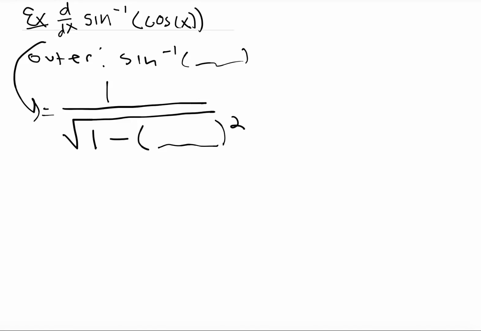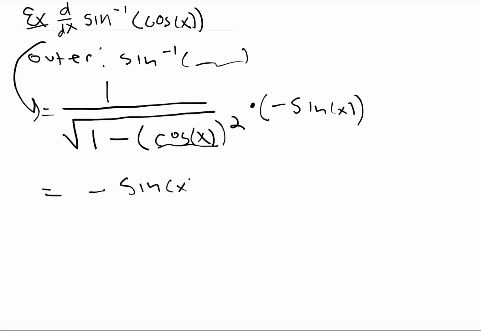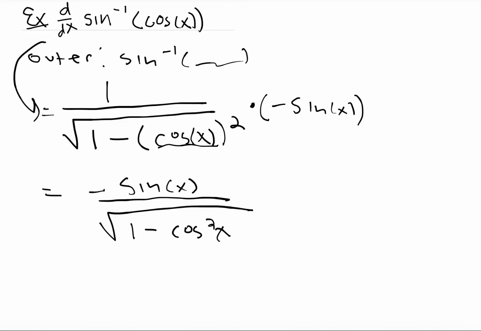Now, we have to copy over the inside function, and we also have to multiply by the derivative of the inside function. So this is going to give me a minus sine of x here. So if I think about how this is going to clean up, let's take a look at what's going on in the denominator, right?